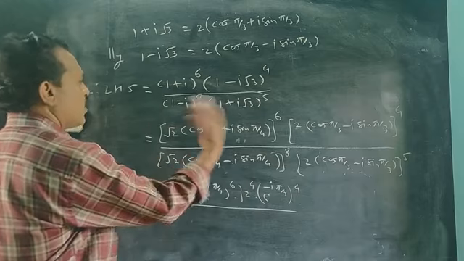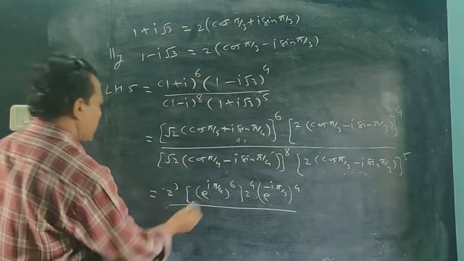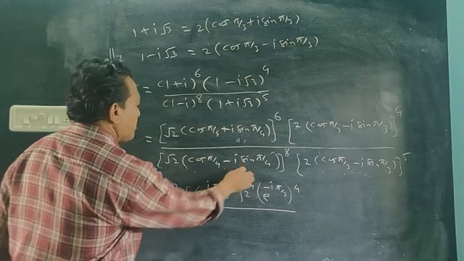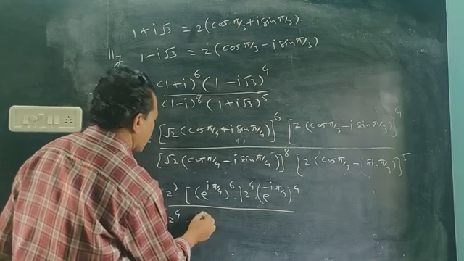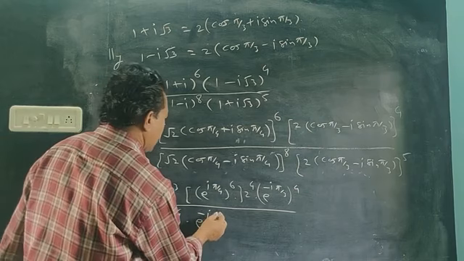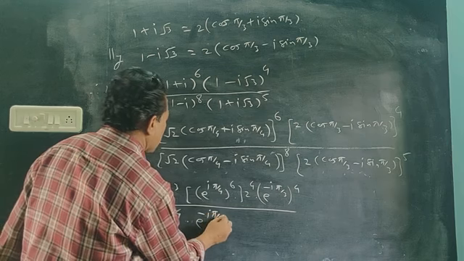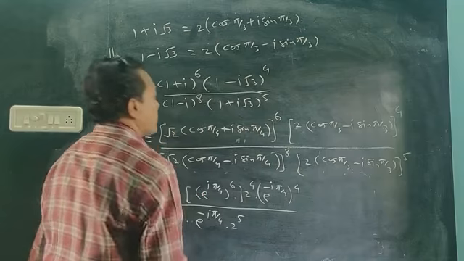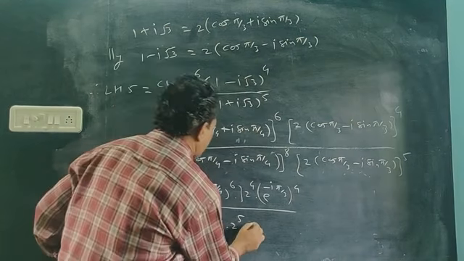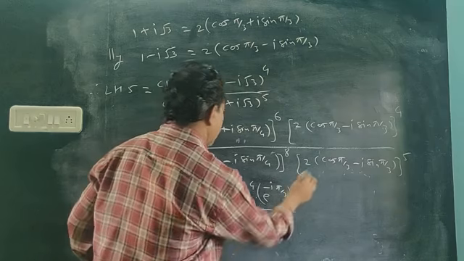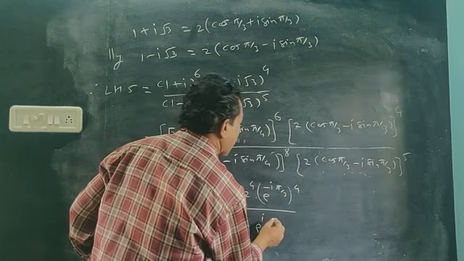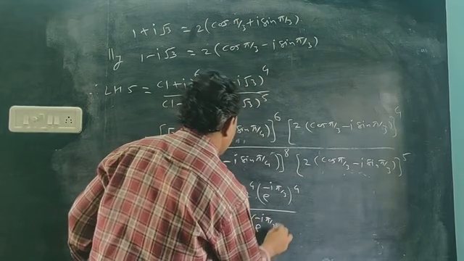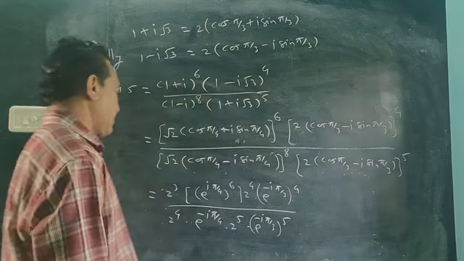Here root 2 raised to power 8, root 2 is 1 by 2, 2 raised to power 4. This is e raised to power, Euler's theorem, e raised to power minus I pi by 4. It is 2 raised to power 5, e raised to power I pi by 3, raised to power 5.